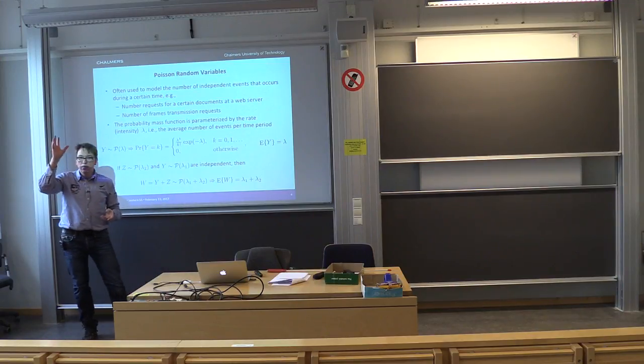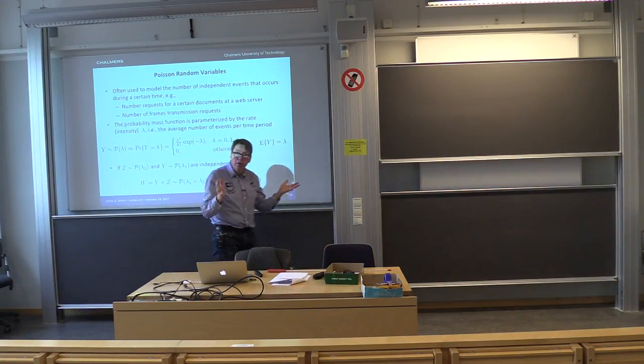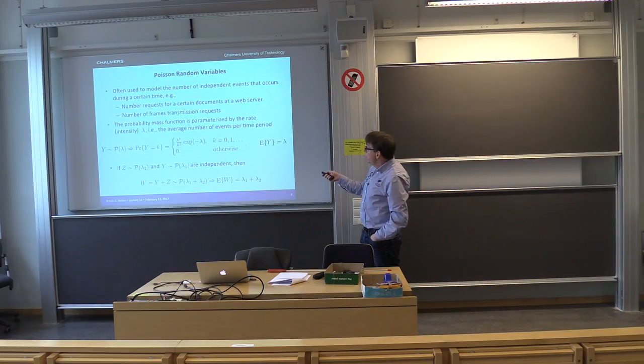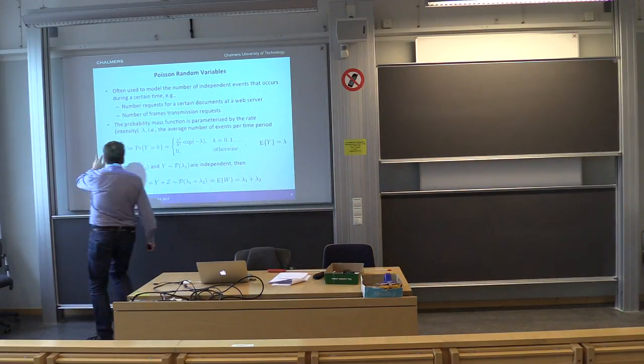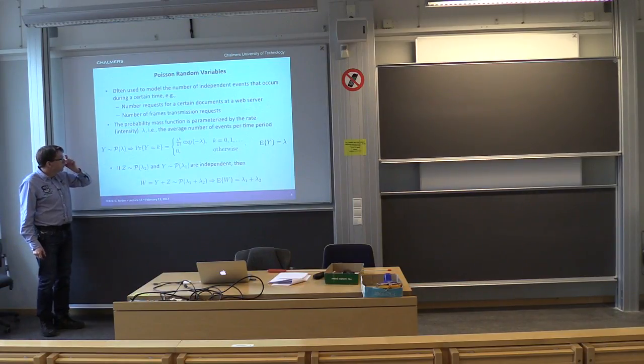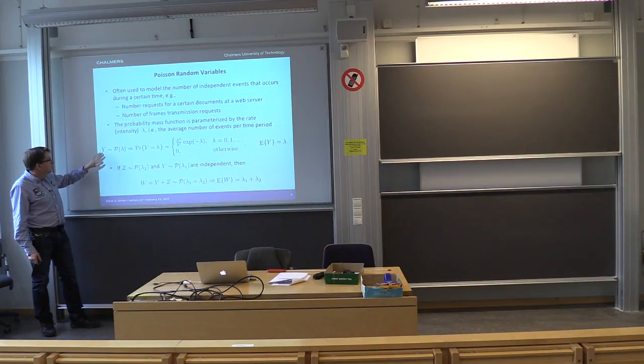So if I can model the time between frames I get as an exponentially distributed random variable, I have this Poisson data traffic. It's quite a common model for this. The probability mass function for this is characterized by this lambda, which is the intensity. If y is a Poisson random variable with intensity lambda, that means that under a certain time unit, there will be a random number of events, and the number of those events is characterized by this random variable y.